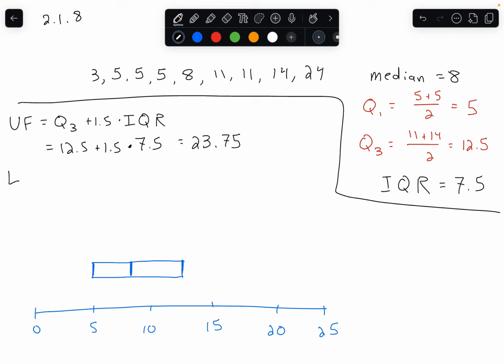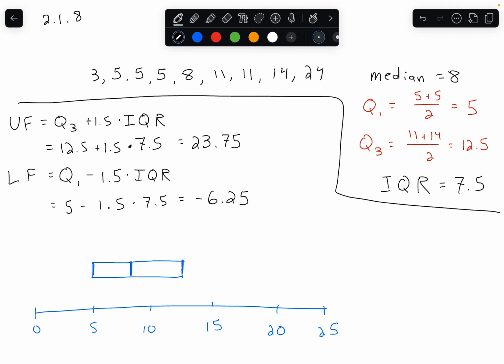And then my lower fence is Q1 minus 1.5 times my IQR. So Q1 we said was 5, minus 1.5 times my IQR, which was 7.5. So once again, I have a little bit of calculation to do. 5 minus 1.5 times 7.5 gives me negative 6.25.